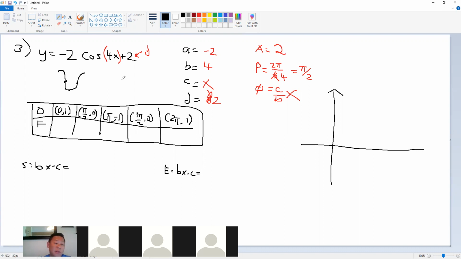So what you need to do here is figure out your starting point and your ending point. So you have to take the bx minus c, because if you talk about cosine, it starts from 0 and ends at 2 pi. Can someone tell me what is bx minus c in this equation? 4x or 4x plus 2?